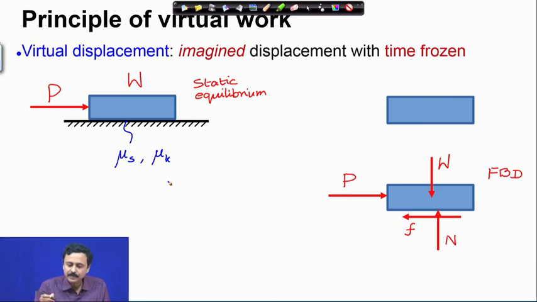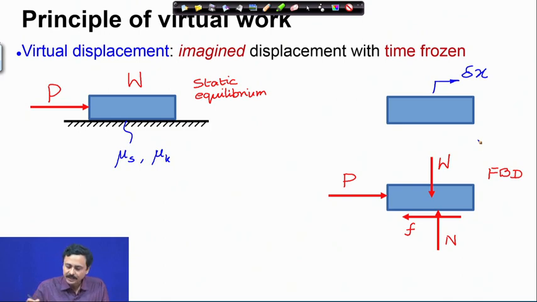Now, virtual displacement is an imagined displacement with time frozen. Suppose this block is given a virtual displacement delta x. What is the difference between virtual displacement and real displacement?